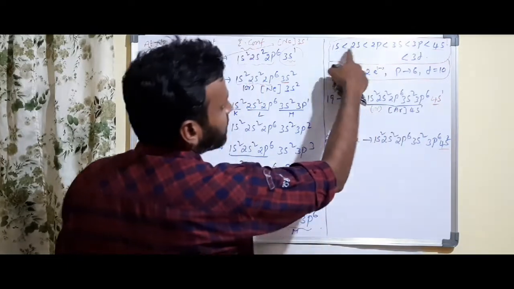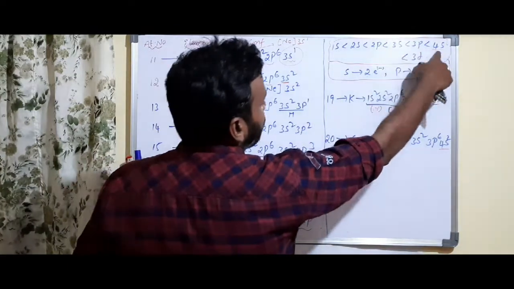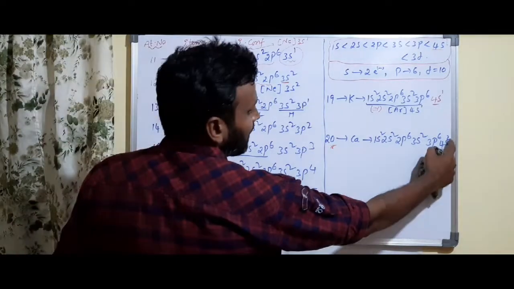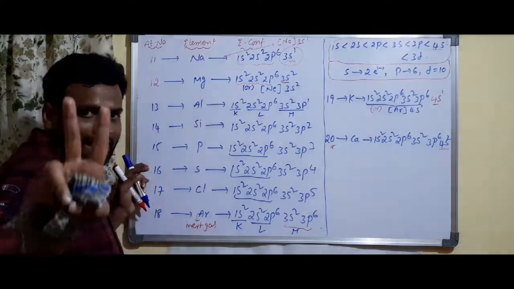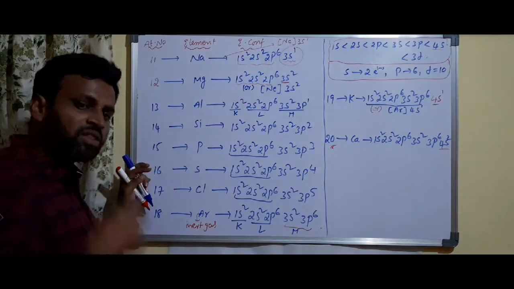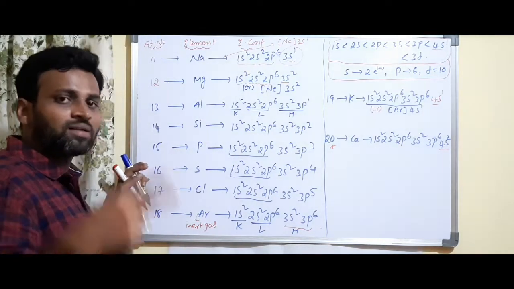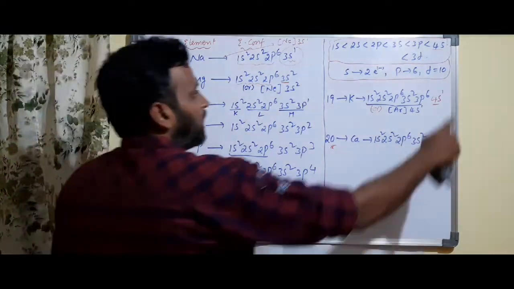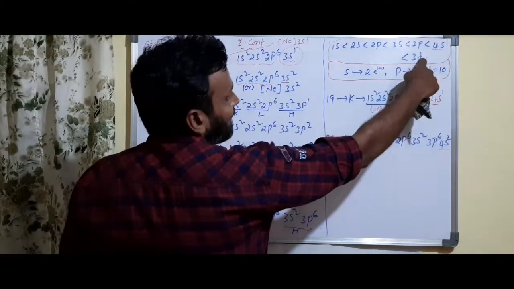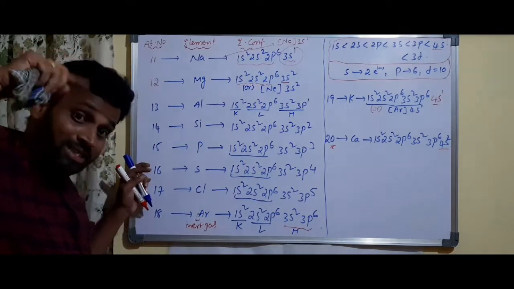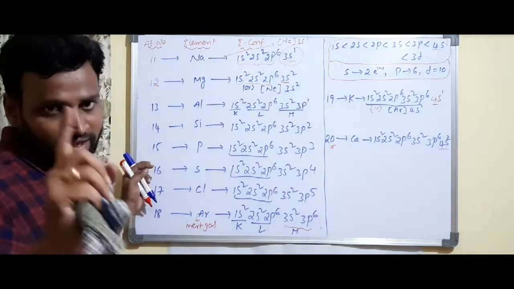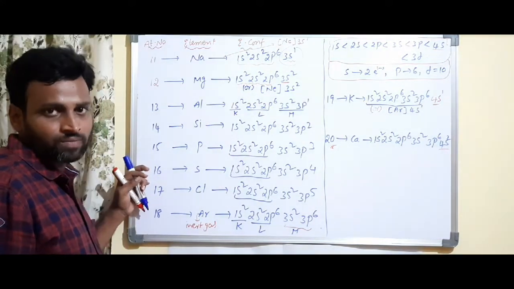See, 1s was filled first, next 2s, 2p, 3s, 3p, 4s. 4s was completely filled. How are we saying 4s is completely filled? The electron enters into 4s and it has a maximum of 2 electrons. S means 2, whether 4s, 3s, 2s, whatever. 4s completed. So the next element, 21, the electron enters into 3d. The last electron we are entering in 3d is called the differentiating electron. That's very clear. I will ask you questions at the end.